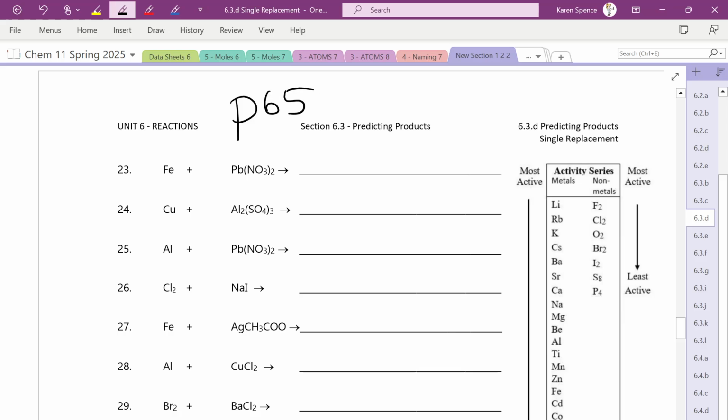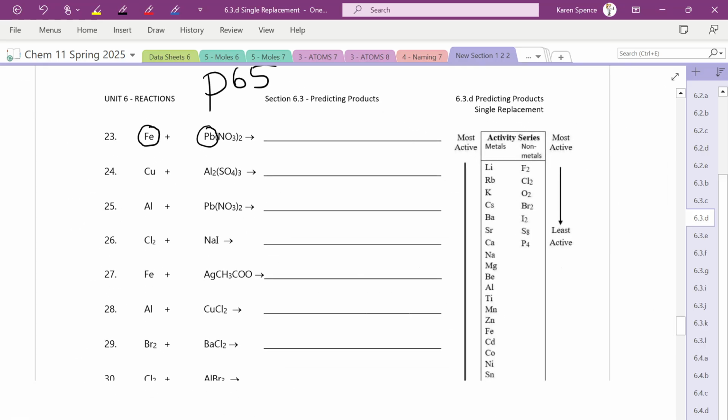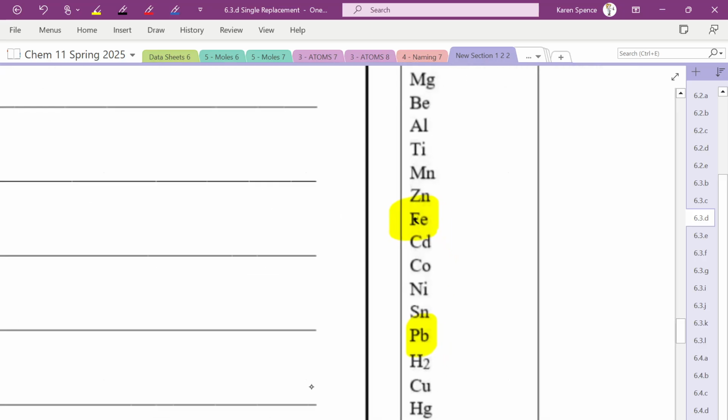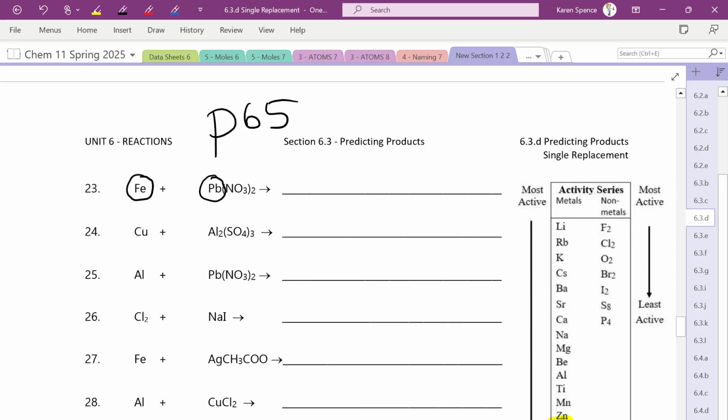And in these ones, you need to decide, is iron, which is here, more active than lead? Is iron more active than lead? Yes, because it's higher up. So the iron is higher, the Pb is lower. So can iron kick out lead? Yes.